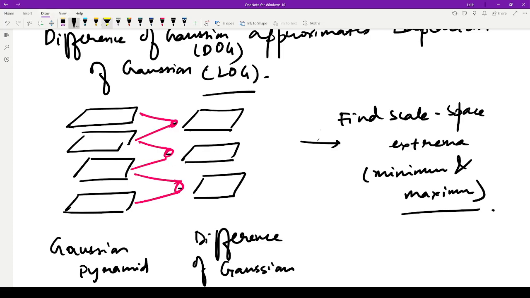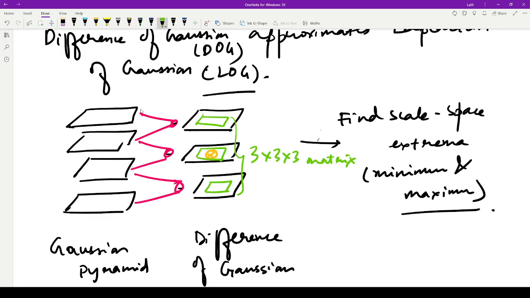So what you need to do is, if this is your center pixel out there, I'll take one level above, one level below, and the level itself as well. What this effectively gives me is a 3 cross 3 cross 3 matrix centered around the center pixel that we are interested in.